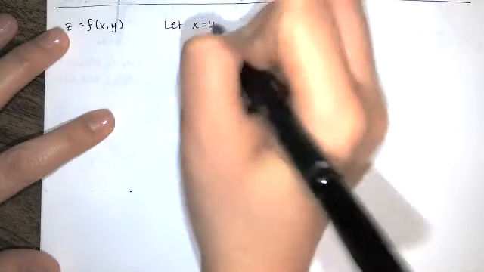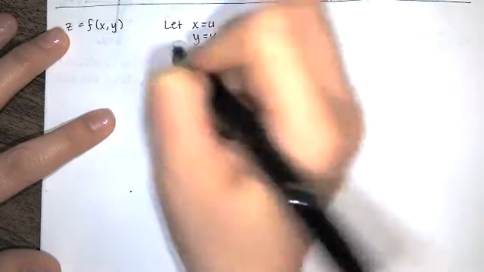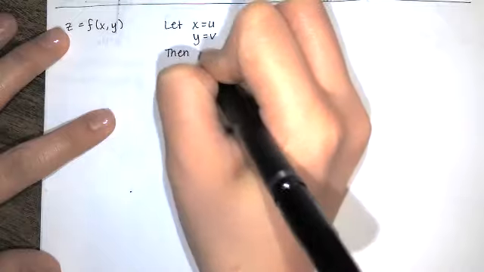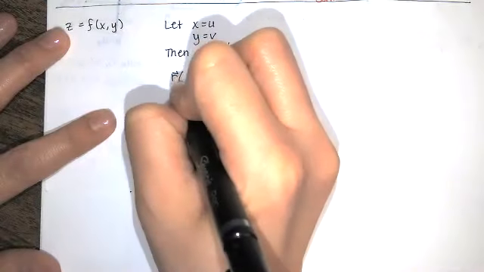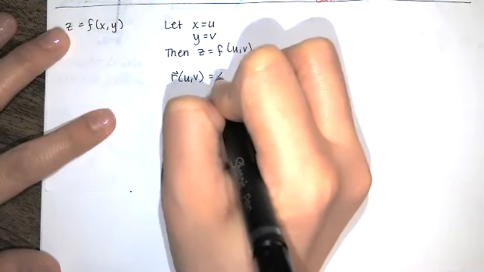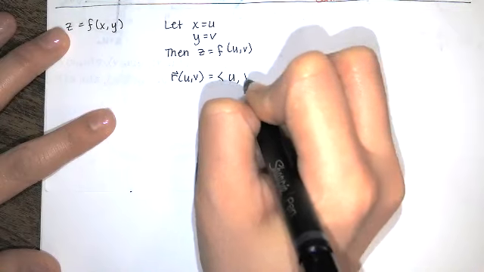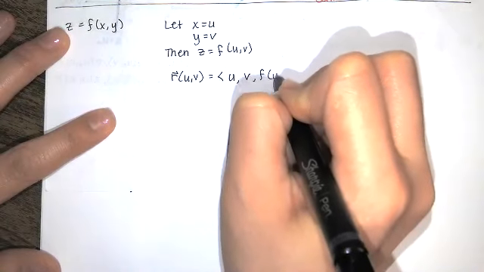So let's say we have z as a function of x and y. Then we can let x equal u and y equal v. Then in that case, z is f evaluated at u and v. So our parametric representation would be x equals u, y equals v, z equals f of u and v.